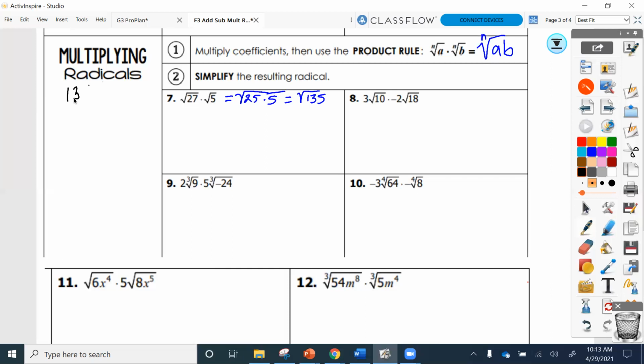So you could say 135 is 9 times 15. 9 is 3 times 3. So you've got a pair of 3's that you can take out. So you take one pair out, but what's left is the 15. And you're done.